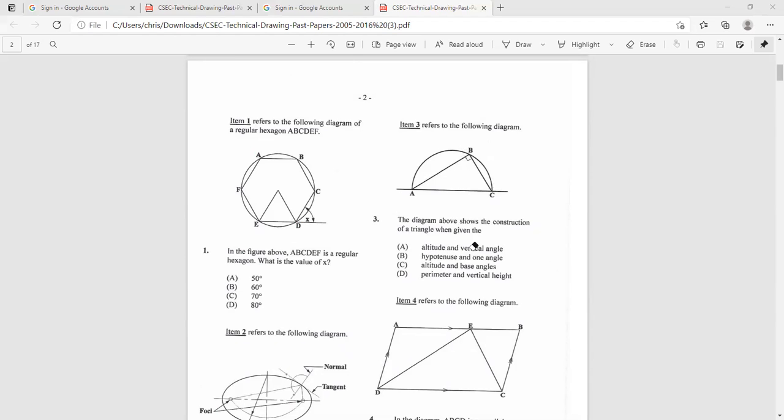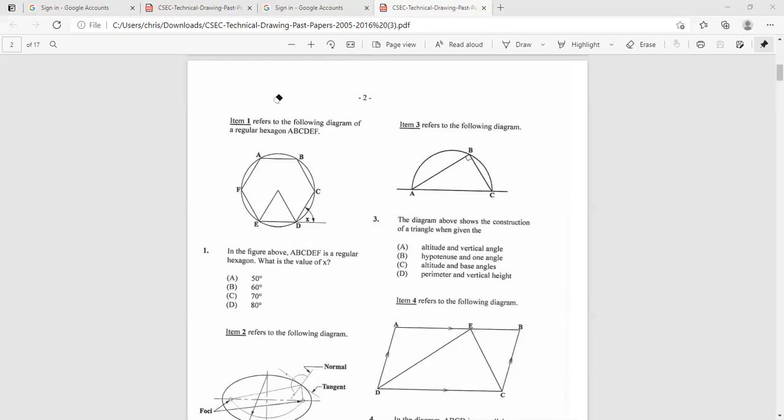Which one says that? Altitude and vertex, hypotenuse and one angle. Well, no. This is hypotenuse and base angle. Yeah. Hypotenuse and one angle.